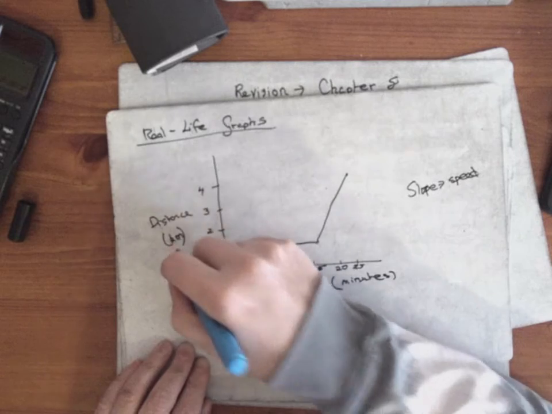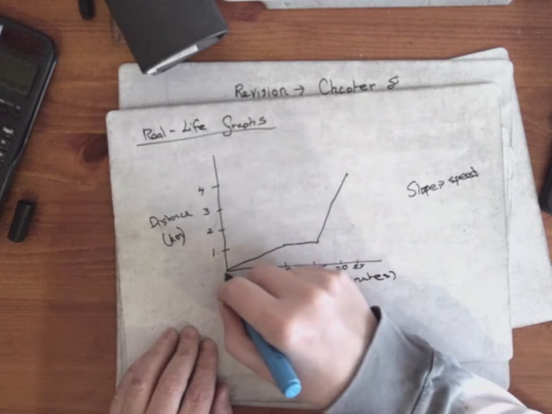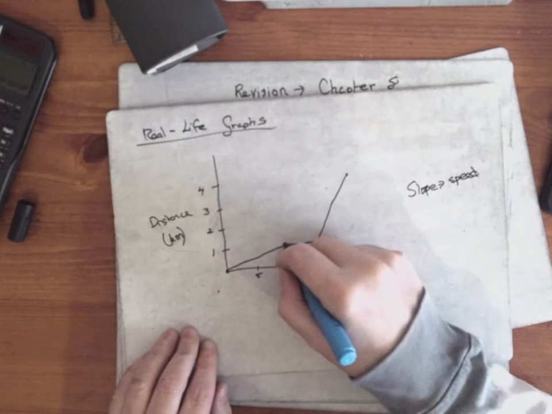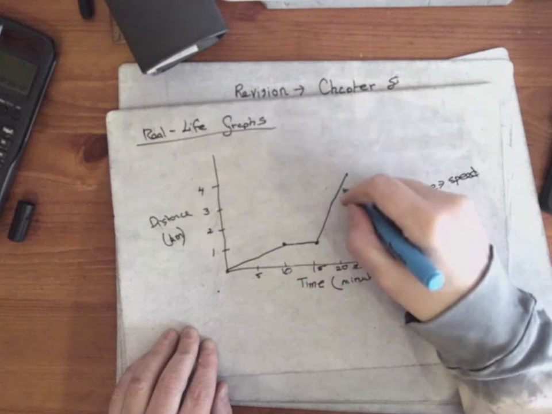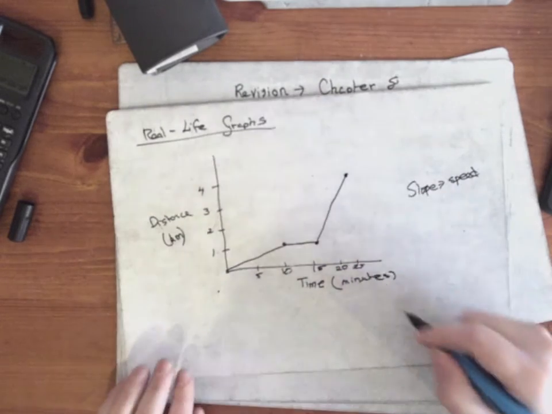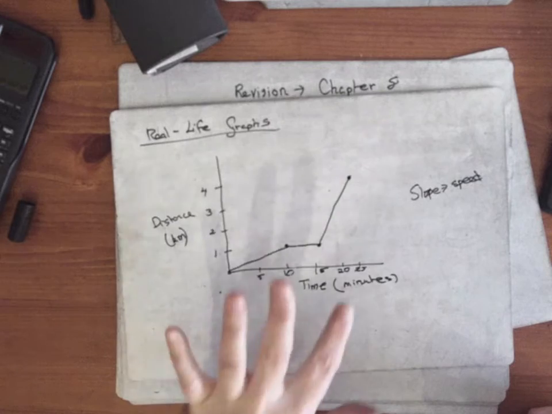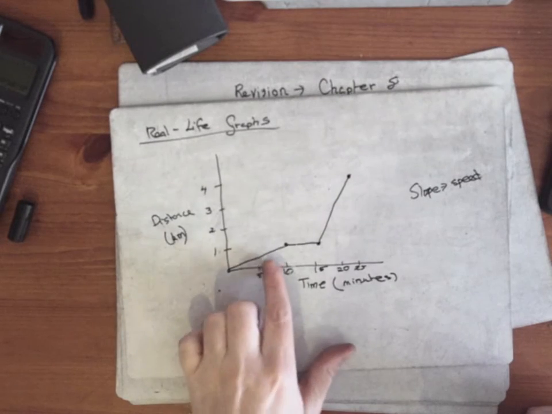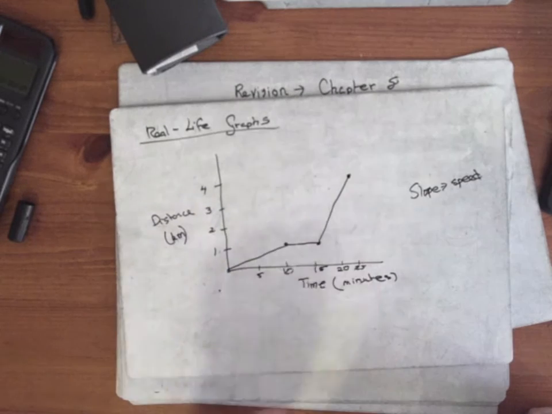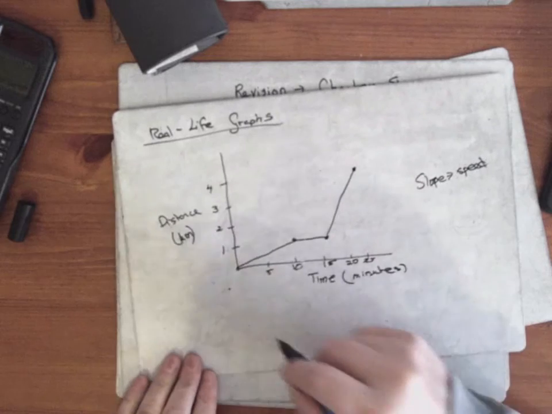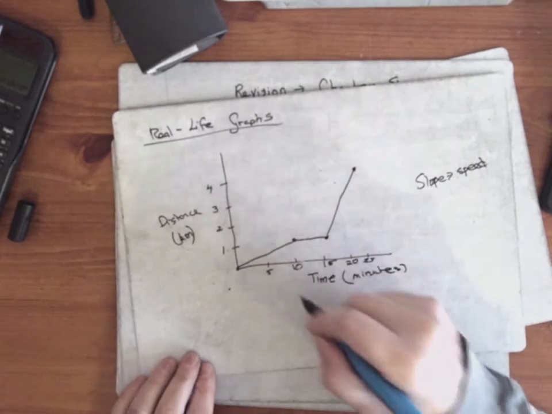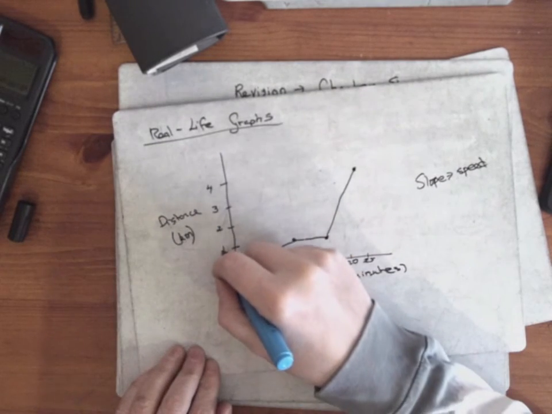You can just tell by looking at it that when I was walking from here to here, I was going a lot faster than from here to here, because it's clearly a steeper line. So if you're not asked to calculate the speed, you can just tell I was walking slowly, I was walking quickly. In the first 10 minutes I walked 1 kilometre.